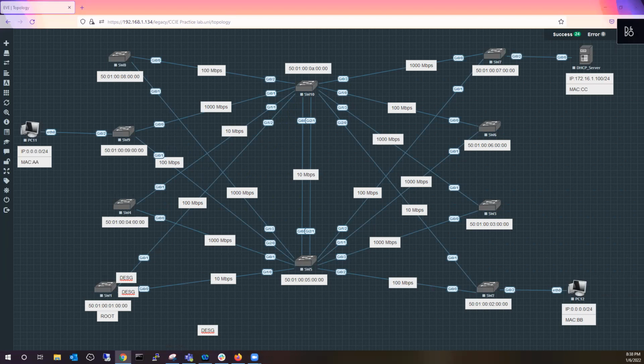Why? Because the link is 100 megabits, which is a lower cost than the link gigabit 1/0 going toward switch 5, which is 10 megabits. Okay. So what's the cost difference? What are the actual numbers?